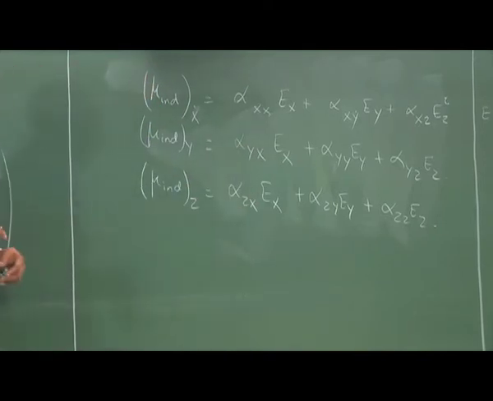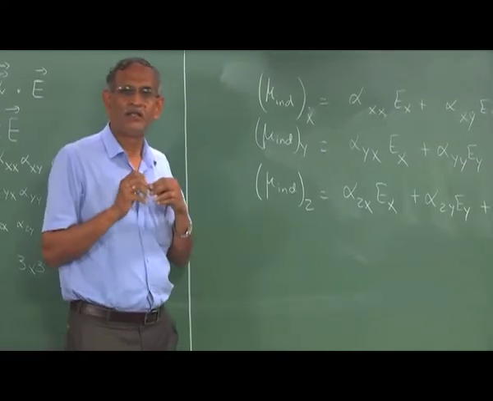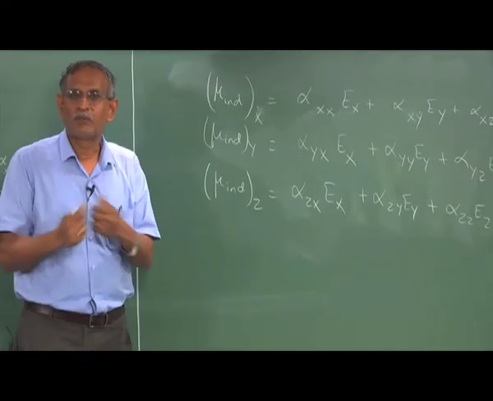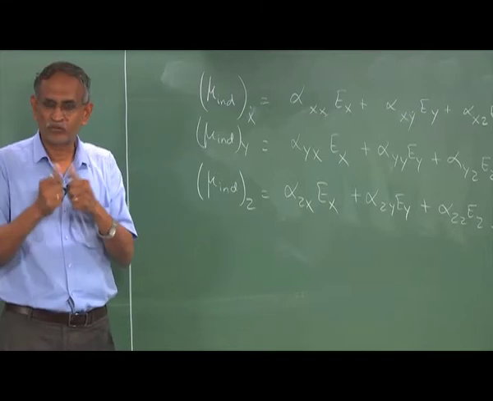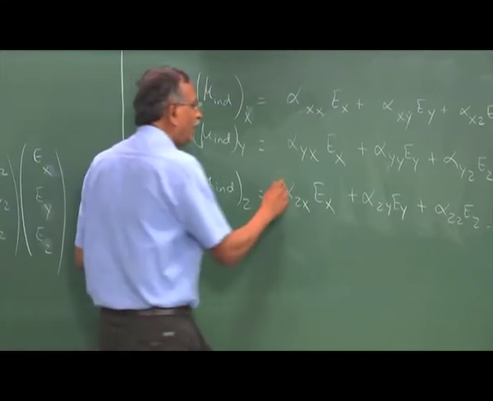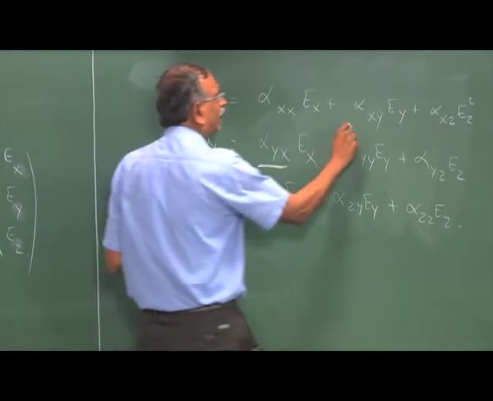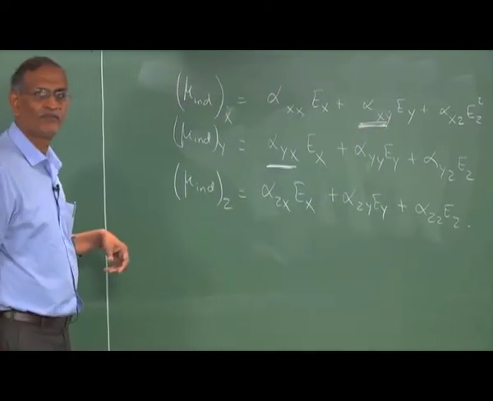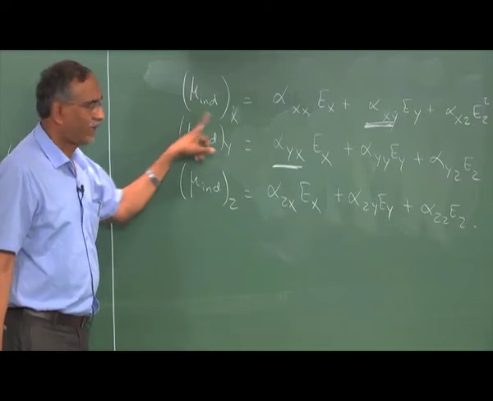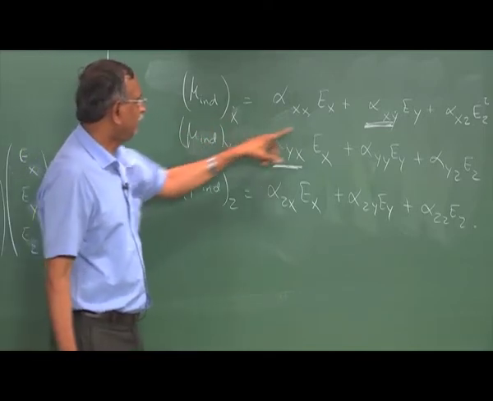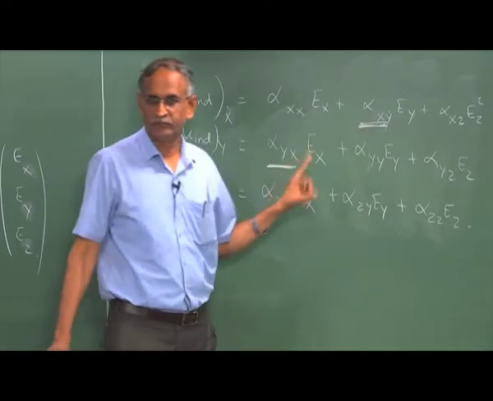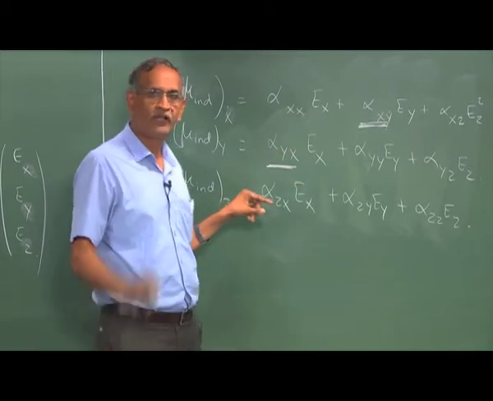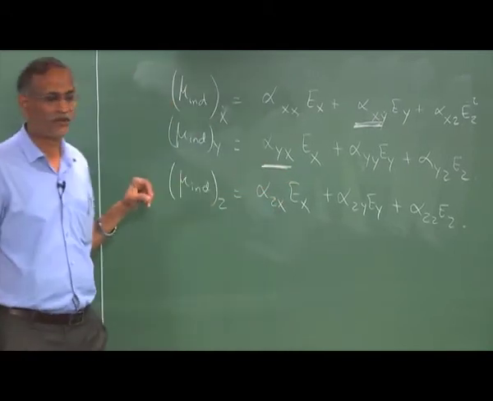Now, one interesting thing is that a fundamental property of the microscopic system appears to tell us that the xy and yx, see the connection between them. They are equal. First of all, that's the result that comes from the microscopic considerations.